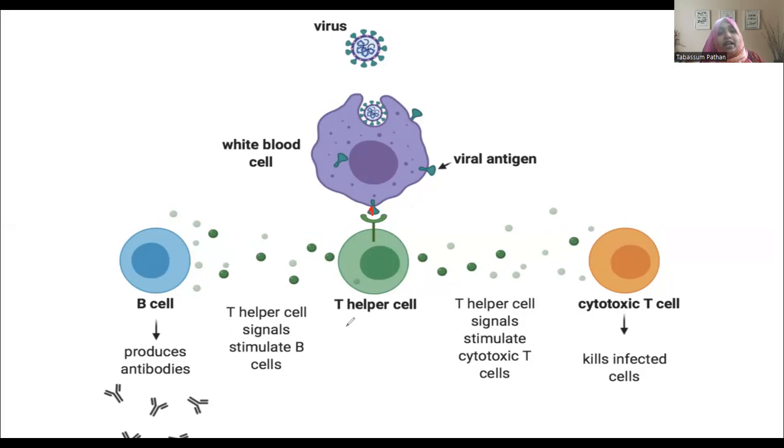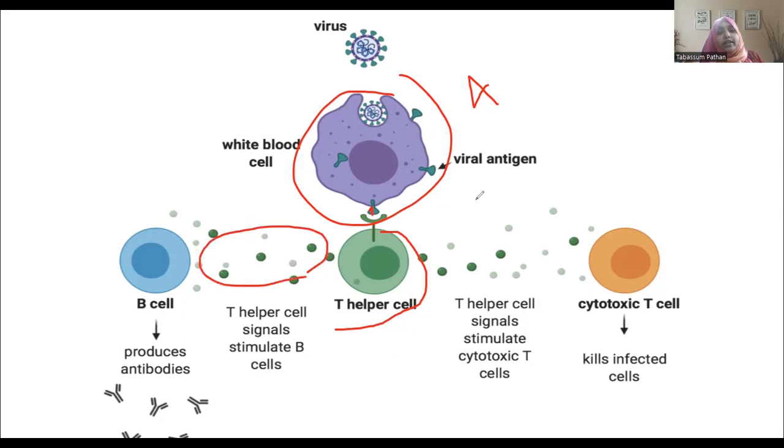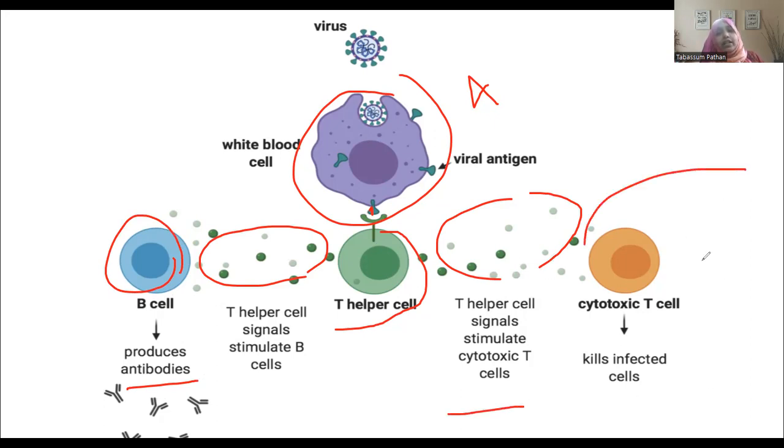Now the T helper cell recognizes this, meaning this cell needs to be killed because it is infected with the virus. Okay, the virus is there inside. T helper cell will recognize this. It will produce these cytokines. Okay, these are the cytokines. Now the T helper cell signals, it will stimulate the B cell to produce antibodies and it will signal the cytotoxic cell to kill the cell.